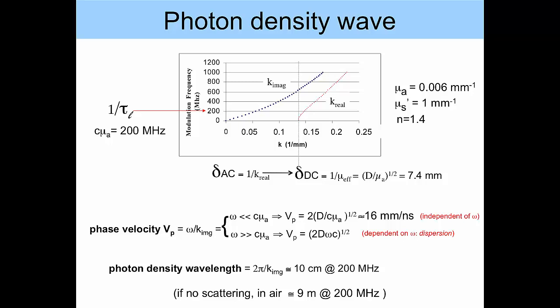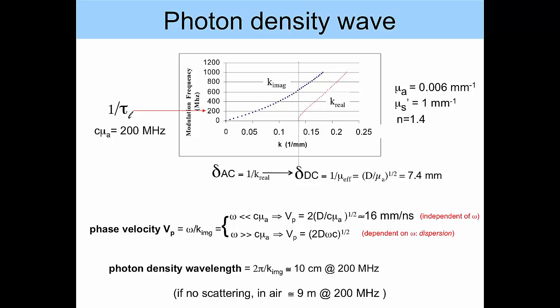Lawson. I was wondering if you could give us a little bit more insight into the relative strengths and weaknesses or advantages of spatial modulated light versus the temporal modulation, because clearly, as you said, if you want to separate absorption from scattering or get sensitivity to both, you've got to be operating across this interface where you start to see dispersion in the K imaginary term, right?